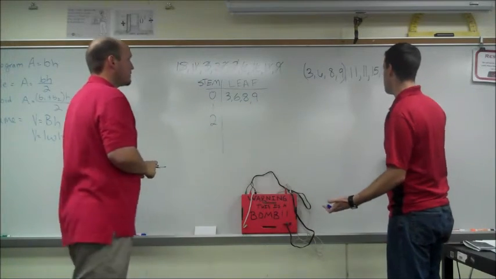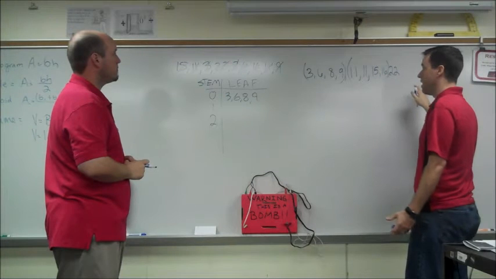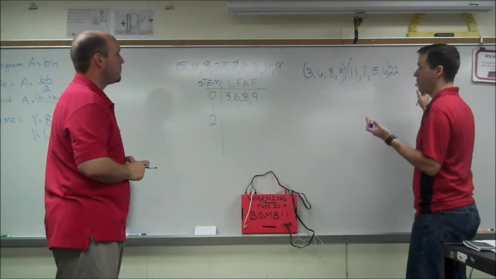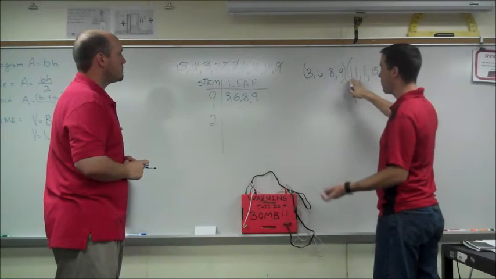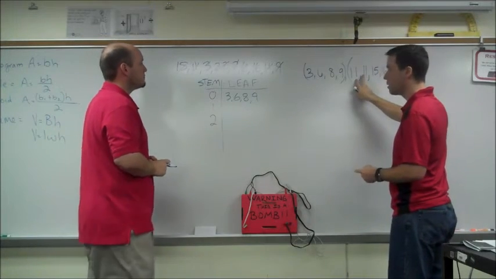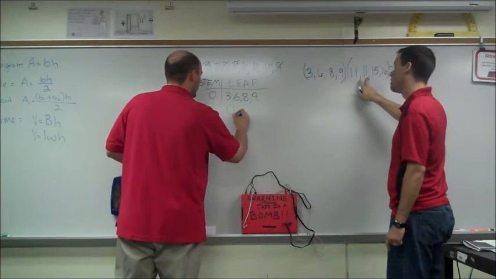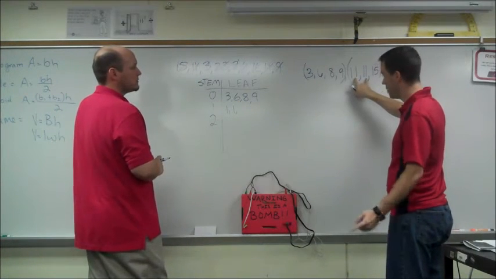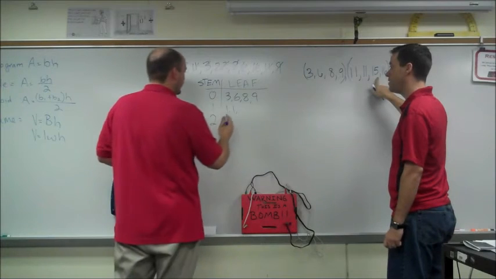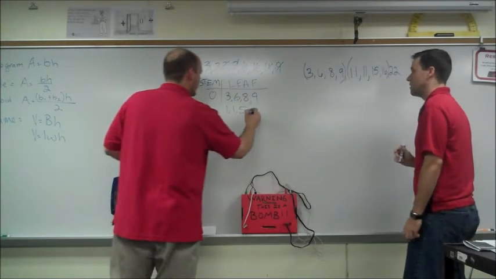Now here's where it gets a little more tricky though. We have a group in the teens. So for those leaves, we're not going to write 11 again. We're going to write just a 1, comma, another 1, to represent the second 11. Two 11s. The 15 we're going to represent as a 5, and the 16 as a 6.